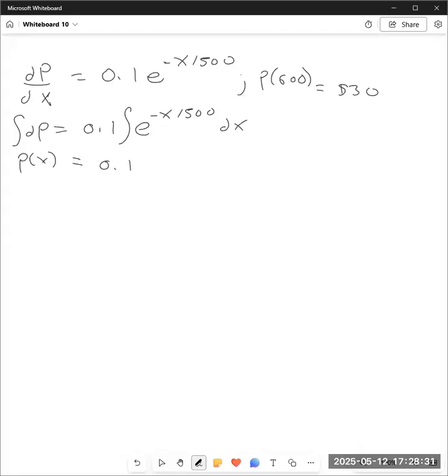e to the negative x over 500. So I need 1 over 500 here, and I need times 500 out here. So that's going to be negative 50 e to the negative x over 500 plus c.